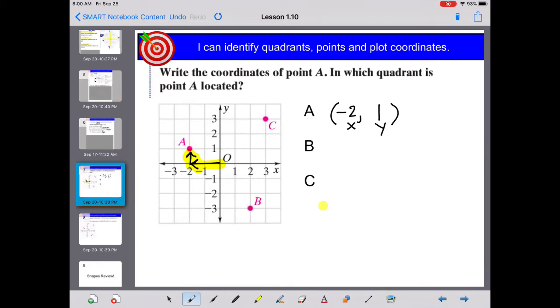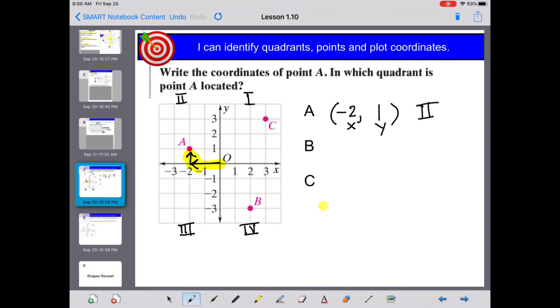Now, which quadrant is it located? Remember, quadrants start being labeled in the upper right, and they move around in the counterclockwise direction. So that is in the second quadrant. Points B and C are yours to finish.